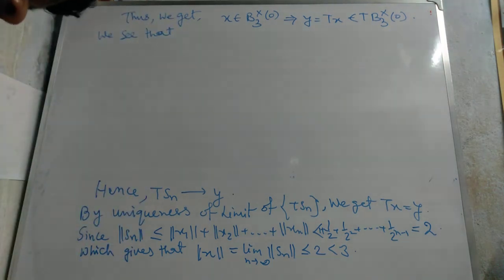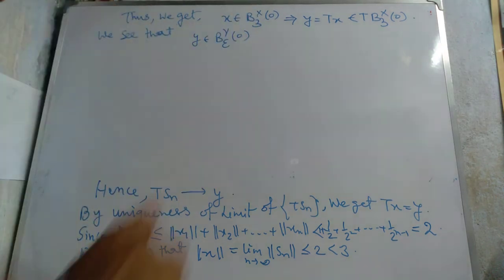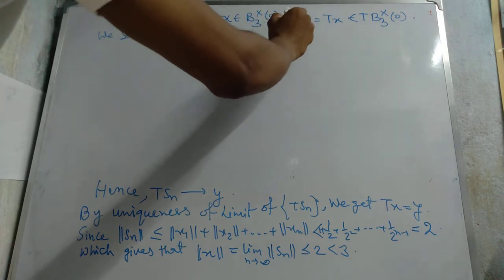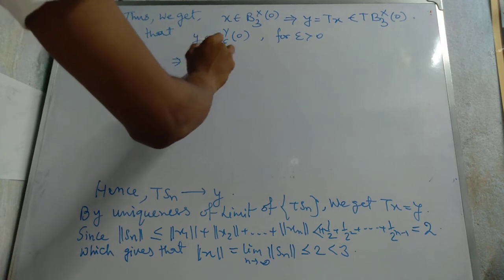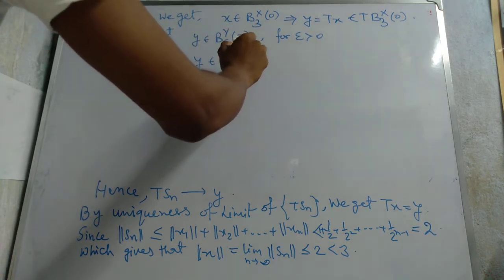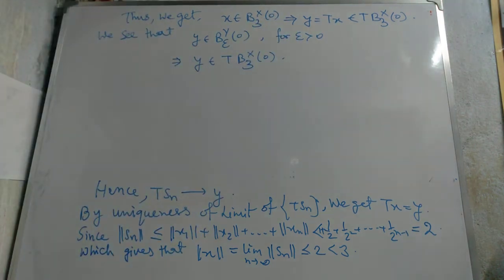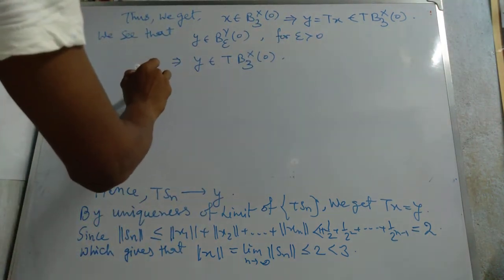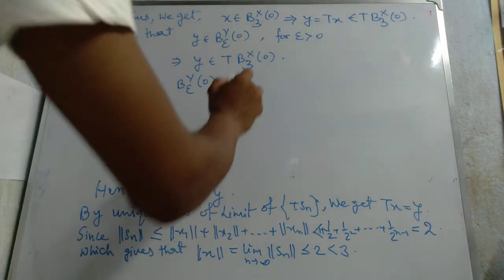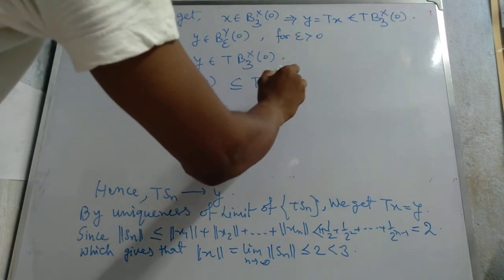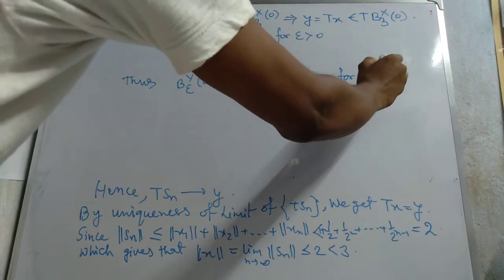We see that y belongs to B_epsilon(y0) for epsilon greater than 0. This implies that y belongs to T(B_3(x0)). Thus B_epsilon(y0) is a subset of T(B_3(x0)) for epsilon greater than 0.